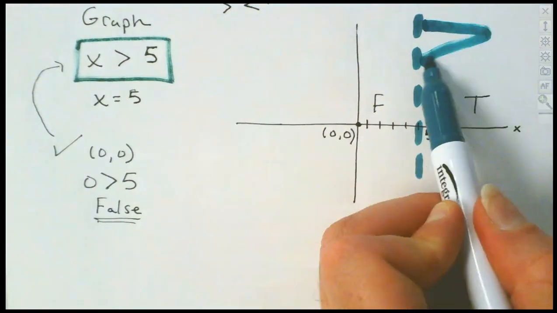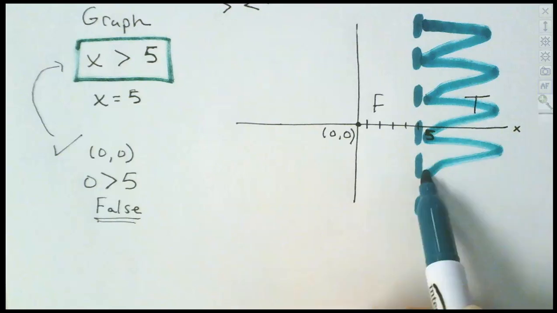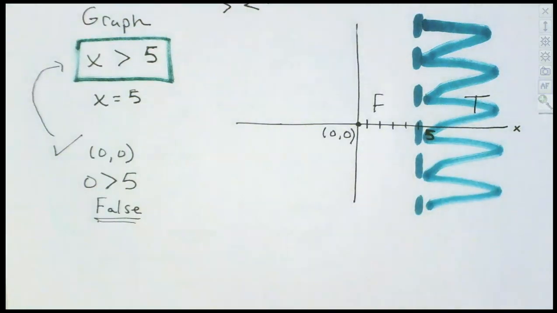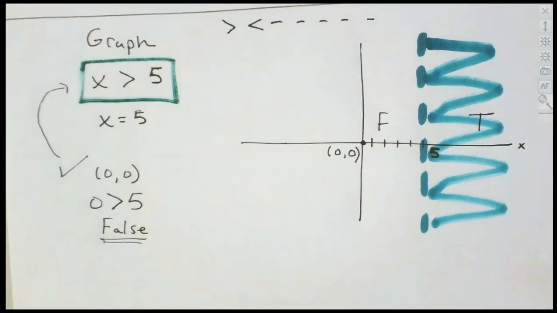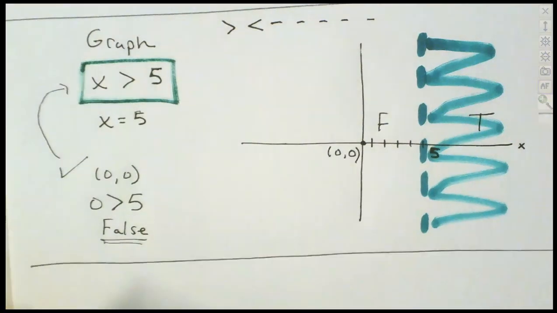And so in this case, we'll be shading over here on the right. So these are going to be, I think, a lot easier for most students. It's not near as much calculation. It's just remembering the steps and checking the point. Let's try another.